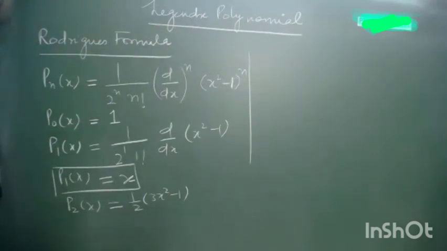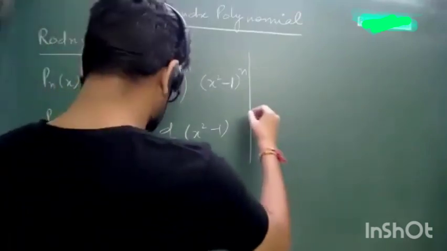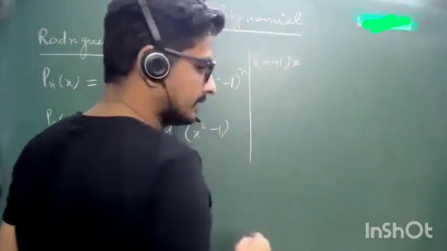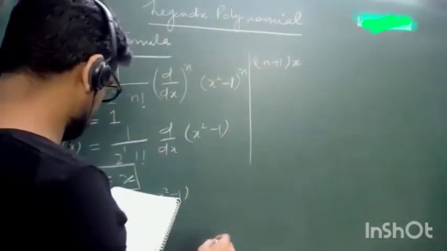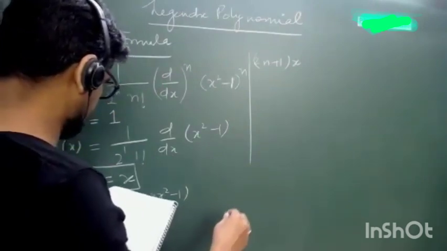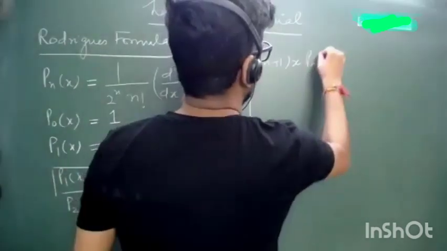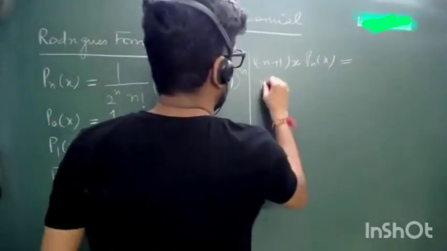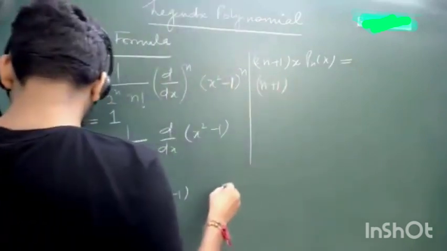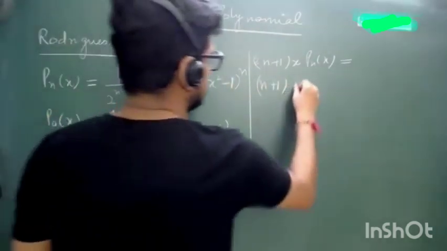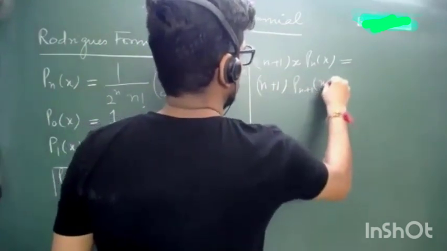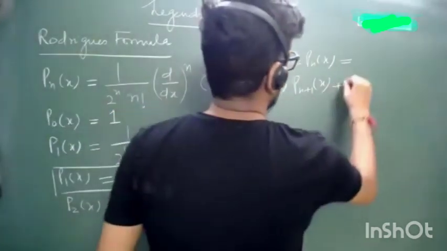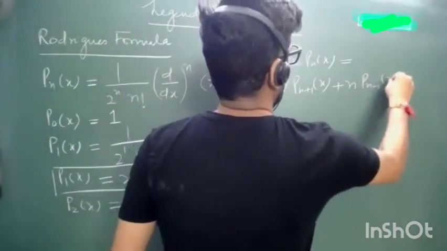Okay. So suppose I write one recurrence relation: (2n plus 1) x Pn(x) is equal to (n plus 1) Pn+1(x) plus n Pn-1(x).